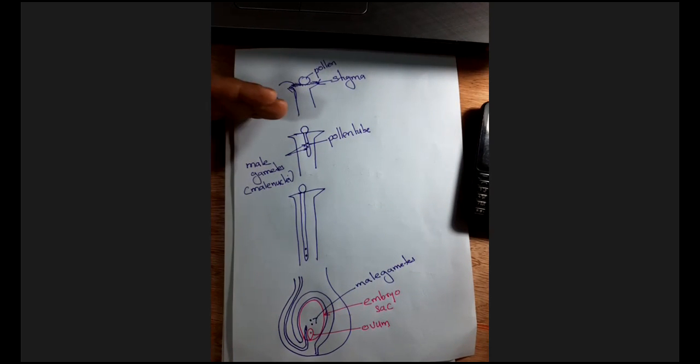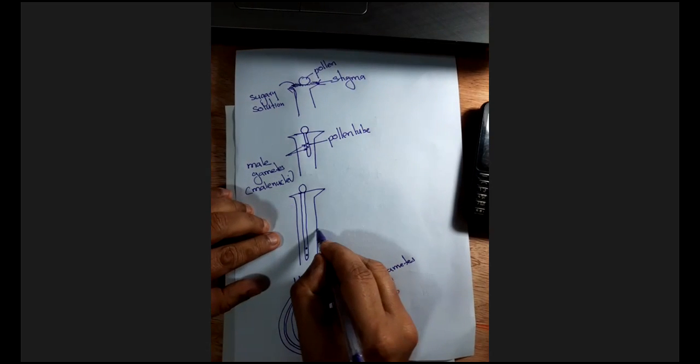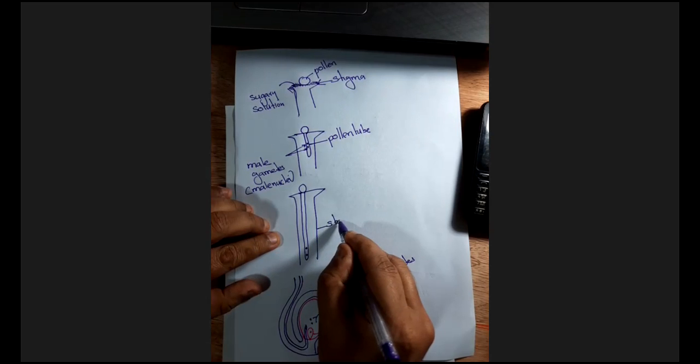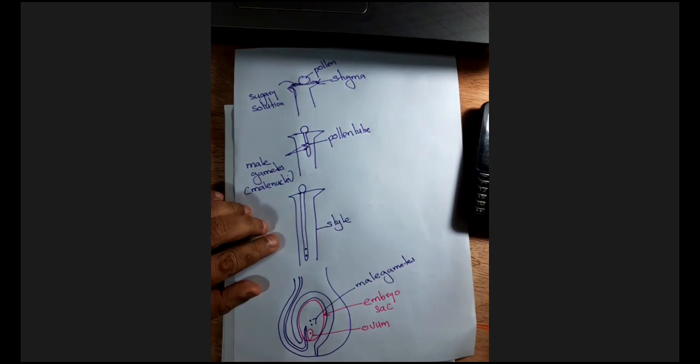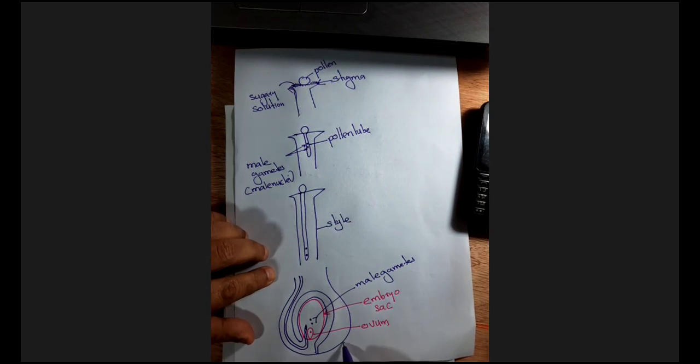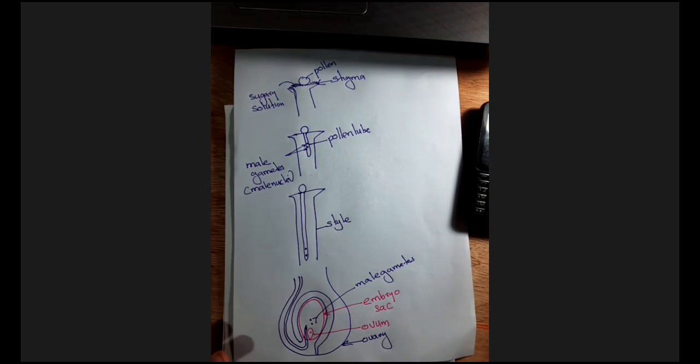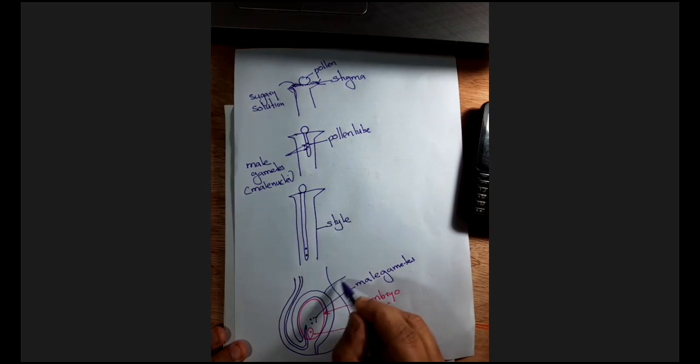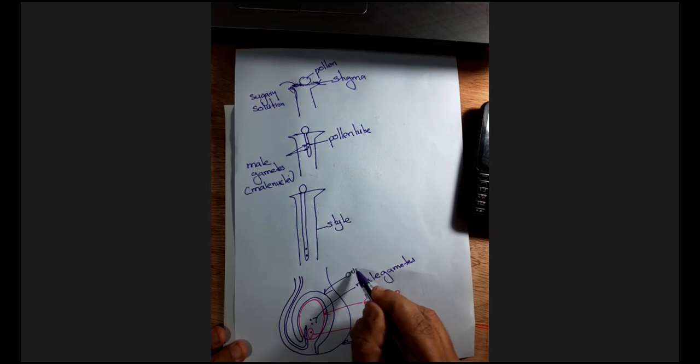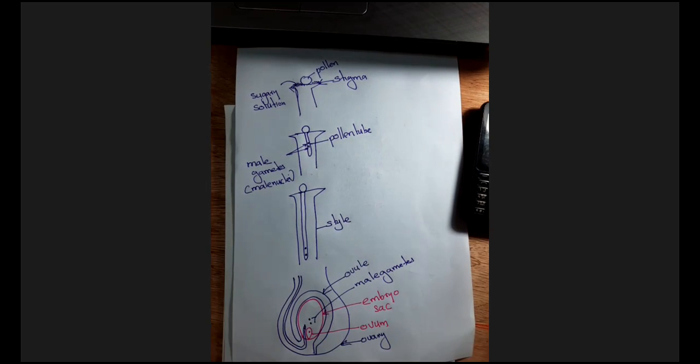So this diagram you have to draw. Here we are showing it is going through the style. This is going to be ovary. Inside the ovary, there is the ovule. Inside the ovule, there is embryo sac. Inside the embryo sac, there is ovum.